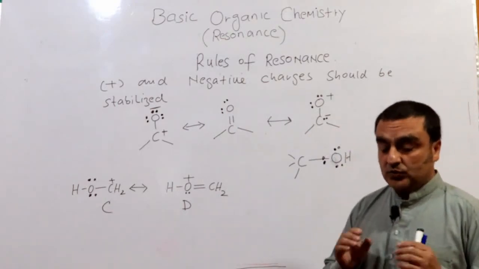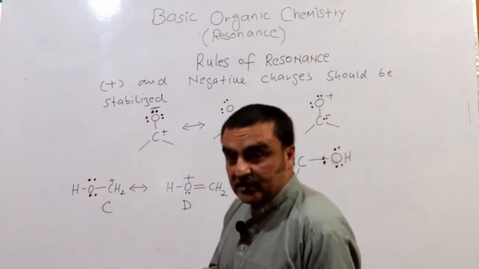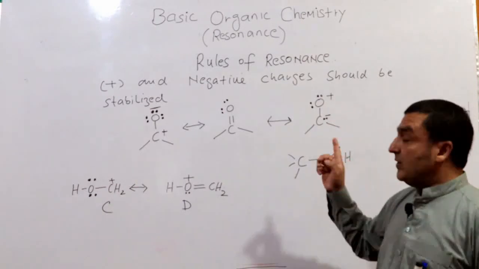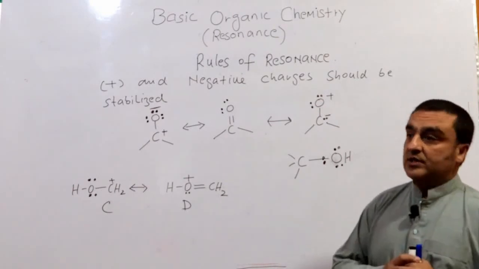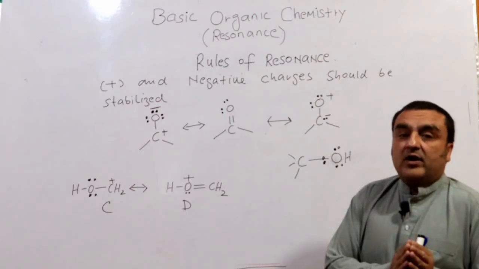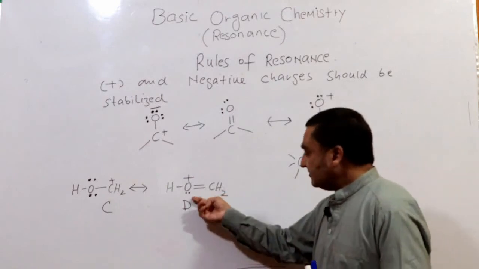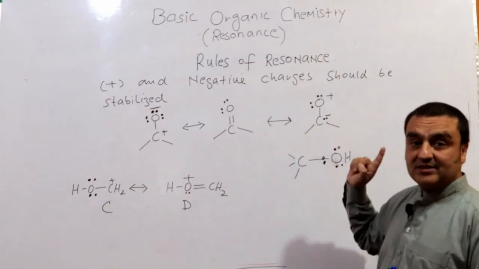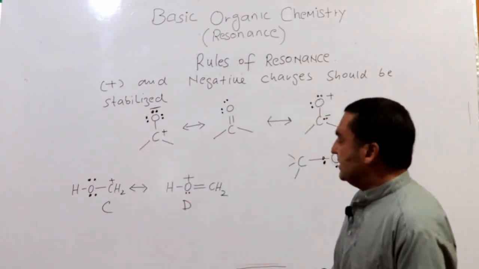So this is very bad. Both have positive charges, but this poor fellow has a positive charge and 6 electrons, while this has a positive charge but 8 electrons. Keep it in your mind when drawing resonance structures, because here the octet is complete and here the octet is incomplete.